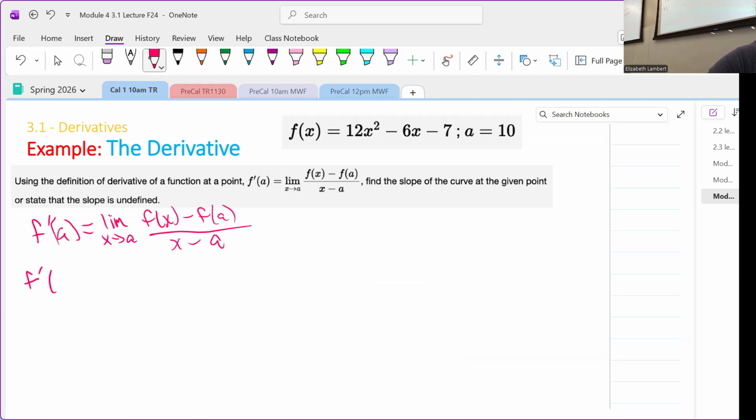So let's fill in some of the numbers we got. We got 10 for a. So now this is the limit as x approaches 10. We still have f of x, but now we have minus f of 10 over x minus 10.